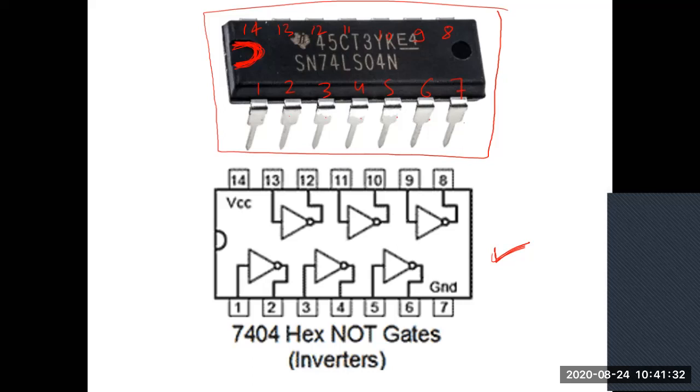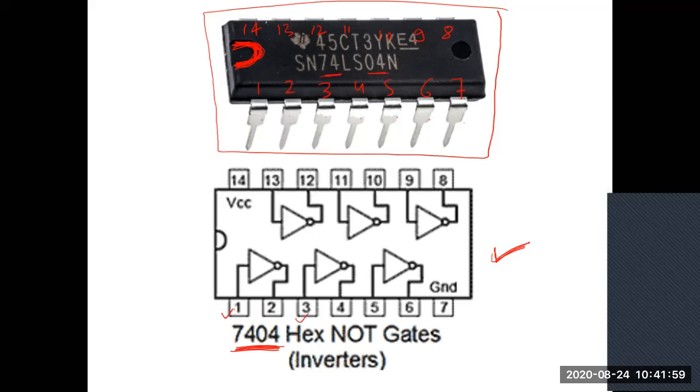If I compare these numbers here, I can see that there are 6 logic gates in this IC, and this IC number is 7404. 7404 is the number for the NOT gate, and in 7404 there are 6 NOT gates. If you give input at 1, you will get output at 2.